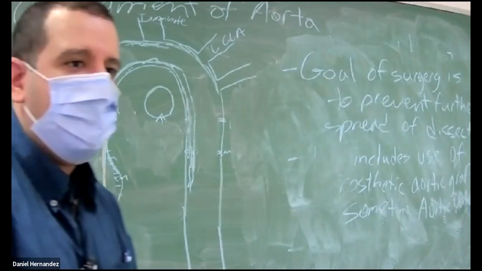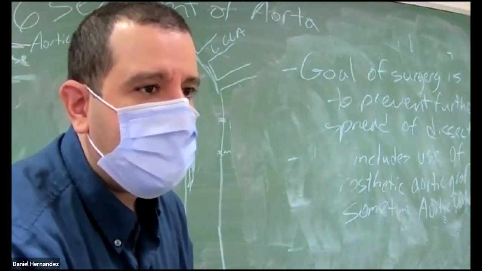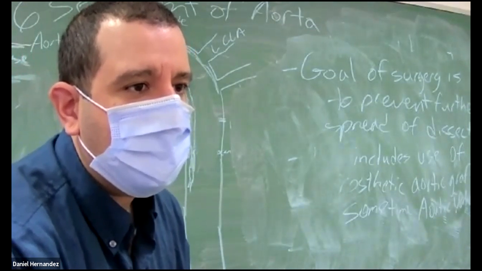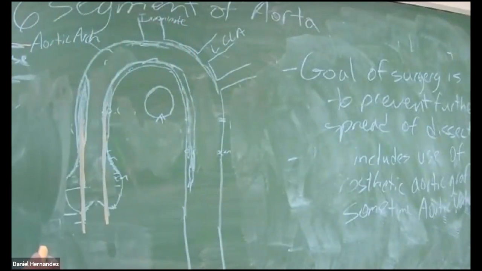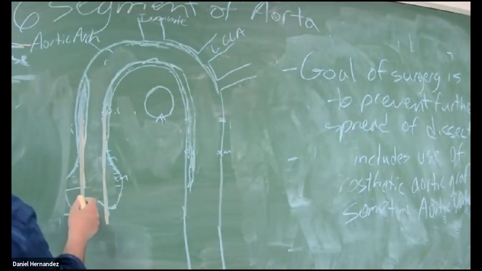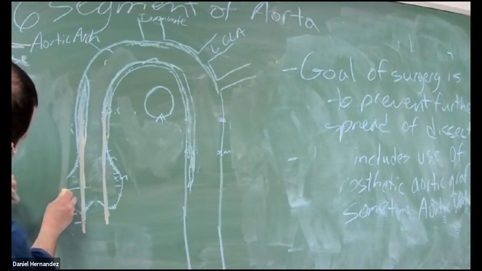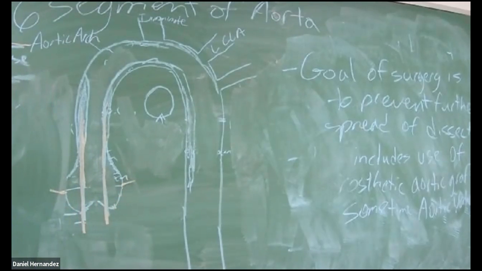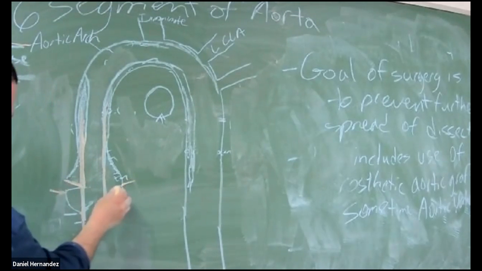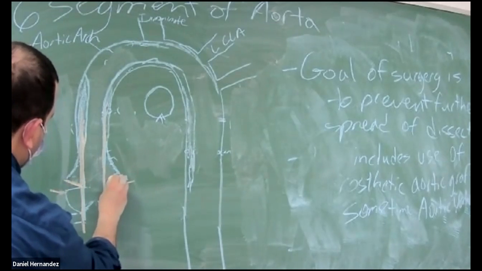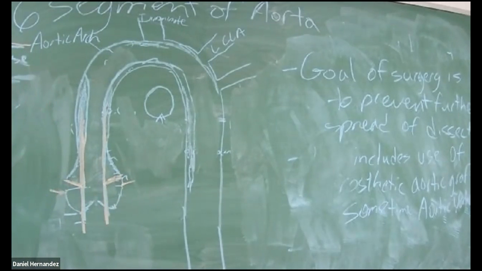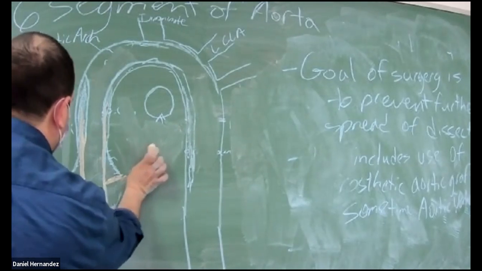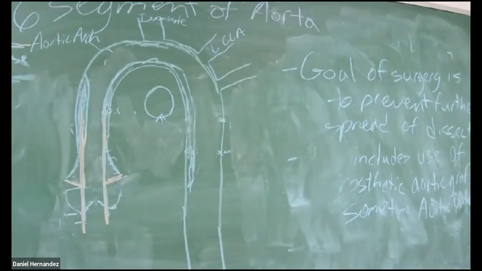And they will actually resect the coronary arteries and sew them into the aortic graft. So they'll remove the coronary arteries, which are typically attached at the level of the sinuses, and then physically attach them onto the graft. So that way we're not disturbing coronary artery blood supply to the heart.